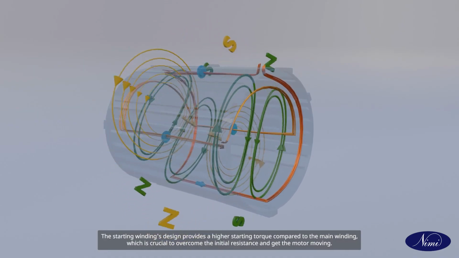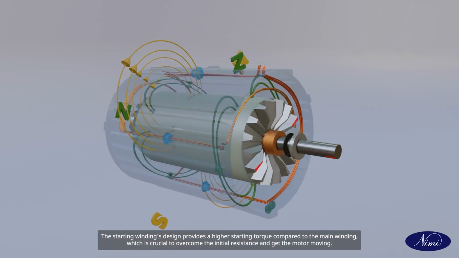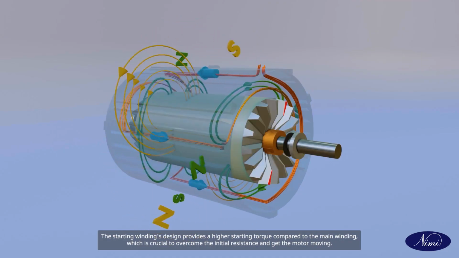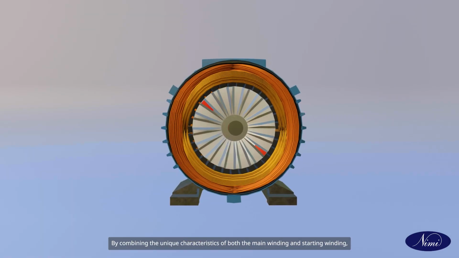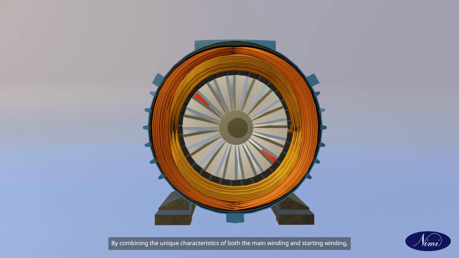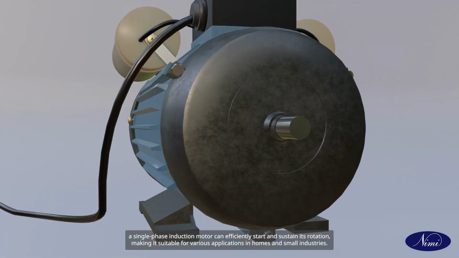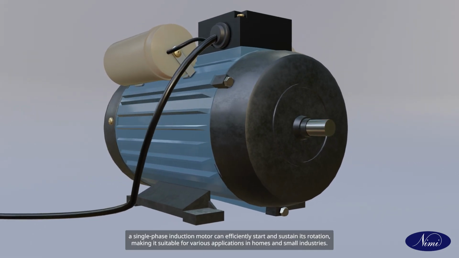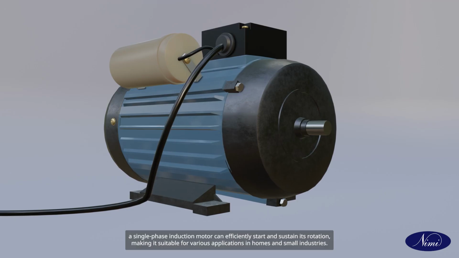The starting winding's design provides a higher starting torque compared to the main winding, which is crucial to overcome the initial resistance and get the motor moving. By combining the unique characteristics of both the main winding and starting winding, a single-phase induction motor can efficiently start and sustain its rotation, making it suitable for various applications in homes and small industries.